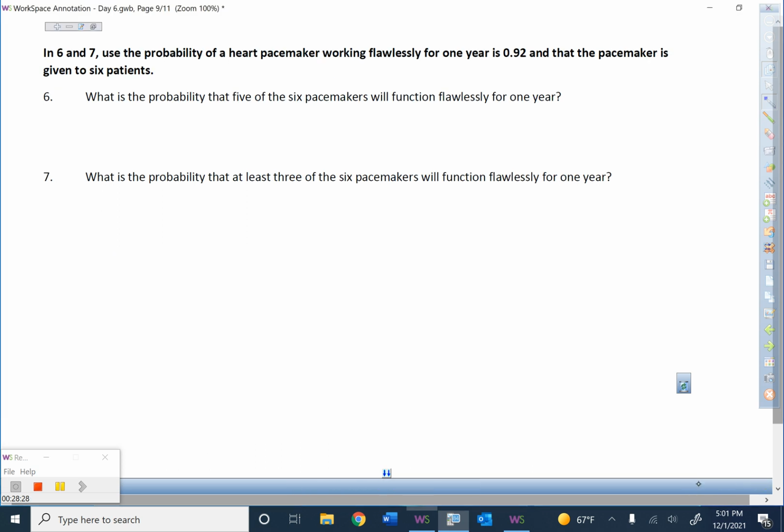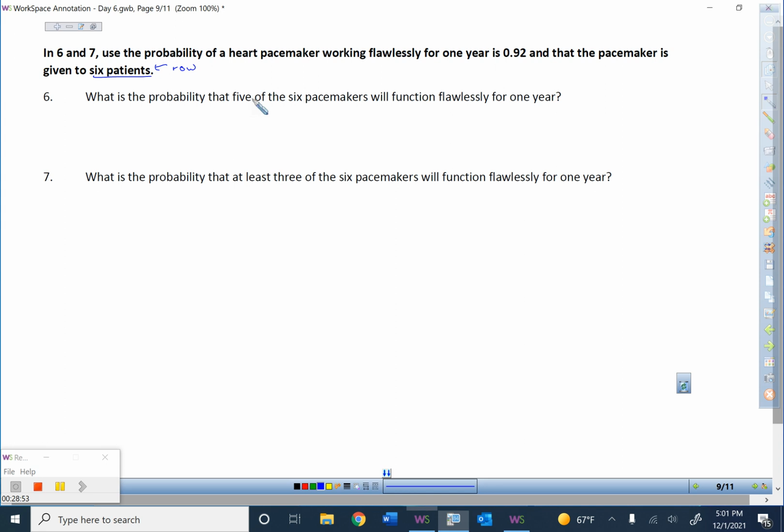Alright, we're going to do one more together, make sure we understand it, and then I'll let you try one on your own. Okay, 6 and 7, it says the probability of a heart pacemaker working flawlessly for 1 year is 0.92, and that pacemaker is given to 6 patients. So this is our total value that we're working with. That's also Pascal's triangle row if you want to look there to calculate this.